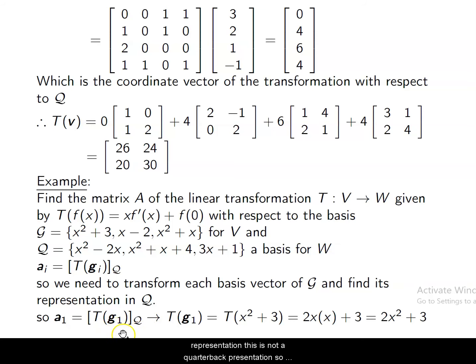It's a coordinate vector representation. This is not a coordinate vector representation. So I'm going to write this in terms of this, and those scalars will form my coordinate vector. That's what I need to do for all of these, right? So I need 2x squared plus 3 to be c1 times this plus c2 times this plus c3 times that.